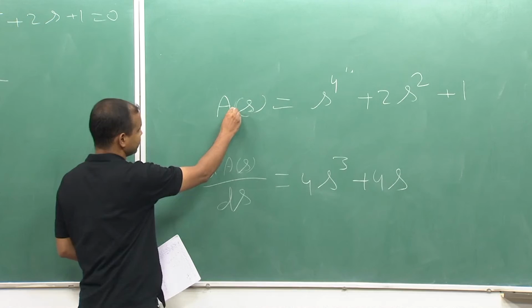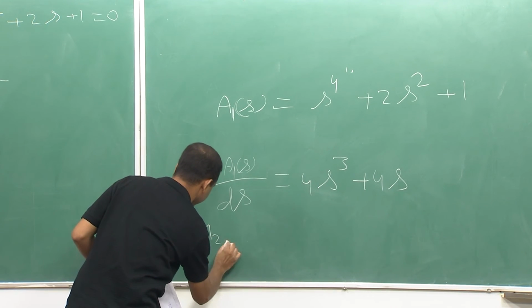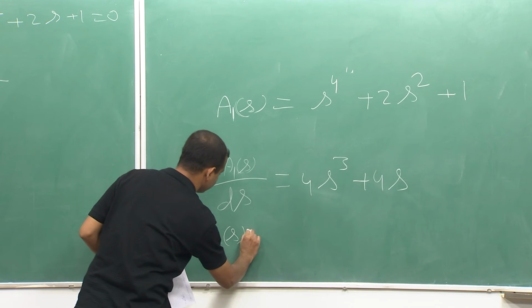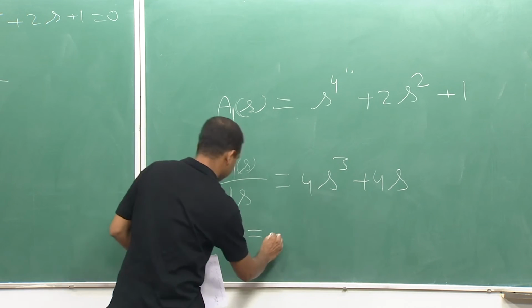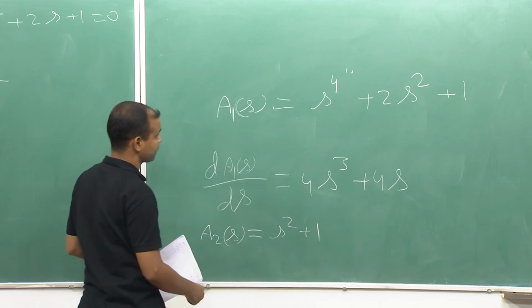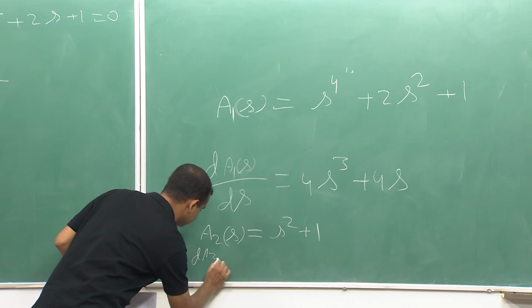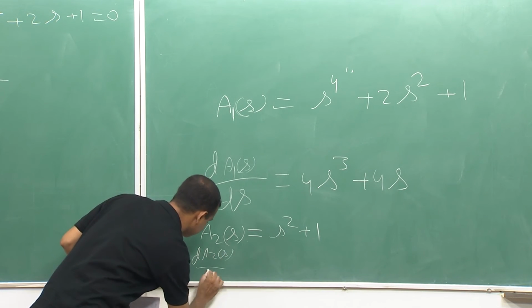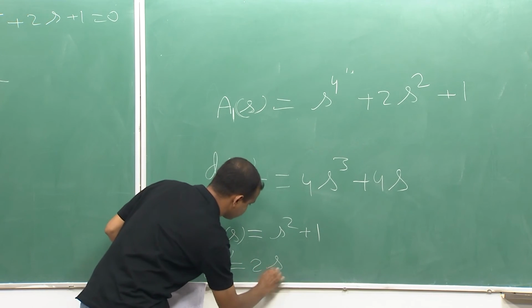If I write this as A1(s), now I will get the second auxiliary equation A2(s), and this is s square plus 1, and if I differentiate it, dA2(s)/ds, I will get 2s.